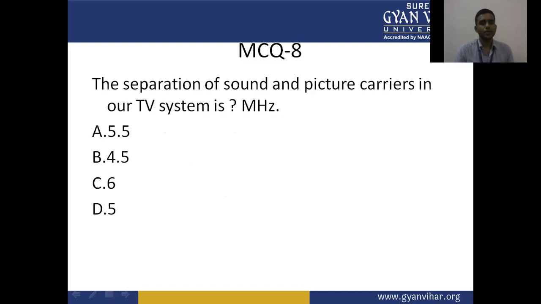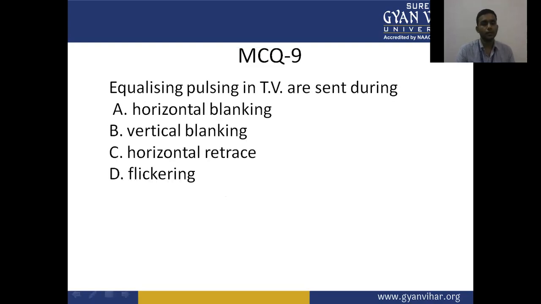The separation of the sound and picture carriers in our TV system is, in megahertz, A, 5.5, B, 4.5, C, 6, and D, 5. Equalizing pulses in TV are sent during A, horizontal blanking, B, vertical blanking, C, horizontal retrace, and D, flickering.